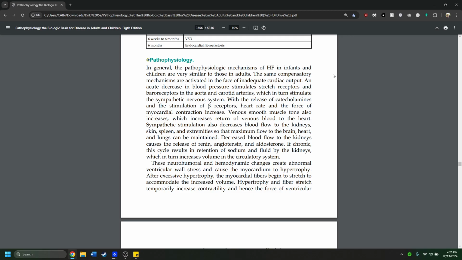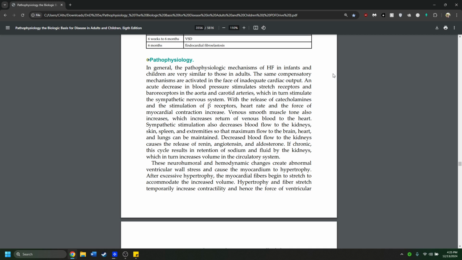With the release of catecholamines and the stimulation of beta receptors, heart rate and the force of myocardial contraction increase. Venous smooth muscle tone also increases, which increases return of venous blood to the heart.